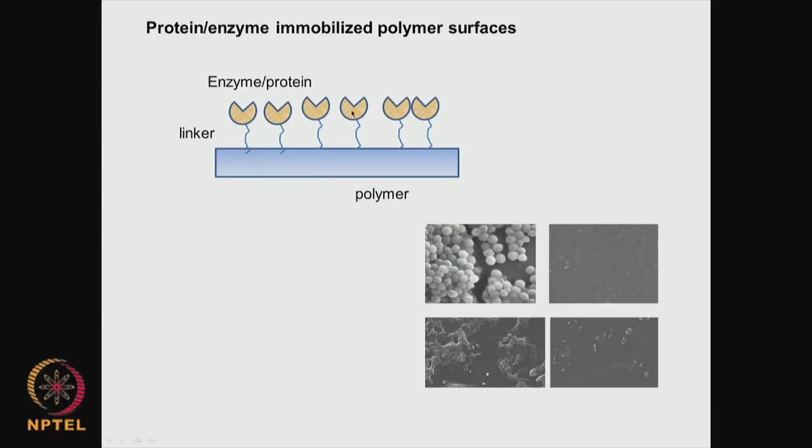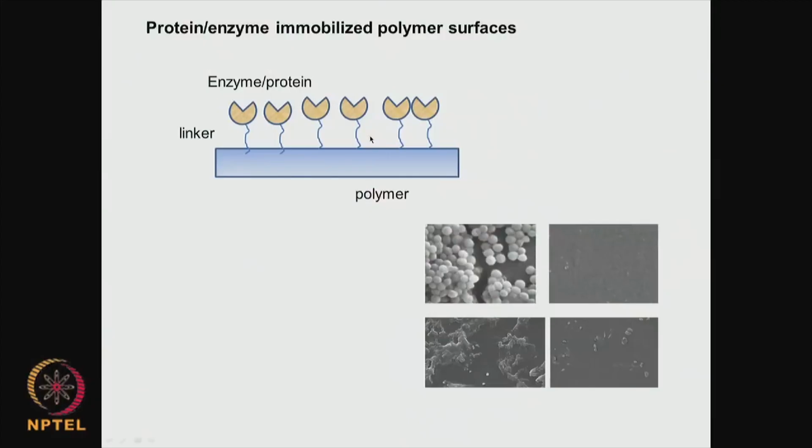So, obviously these are very strong bonds, and the protein will always be present on the surface. So, this type of surface can always be antibacterial, and these are examples, as you can see, of the bacterial attachment on unmodified surface, and once the surface is modified by immobilizing this particular protein, you can see practically no bacterial attachment at all. So, this is very fascinating.